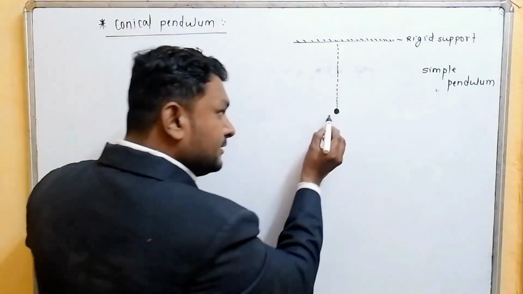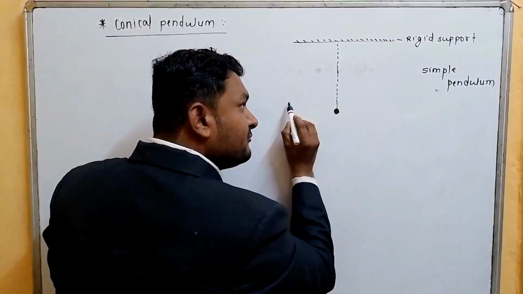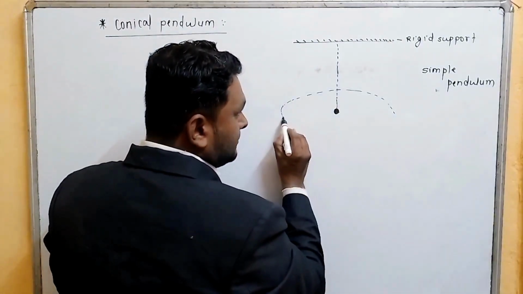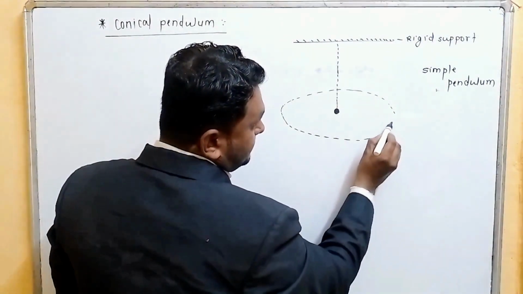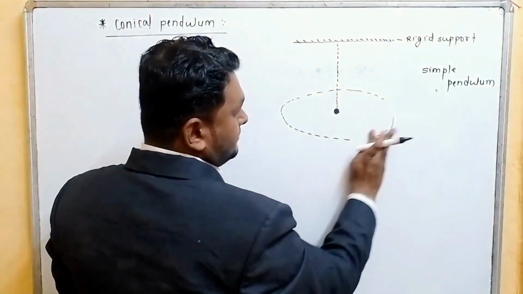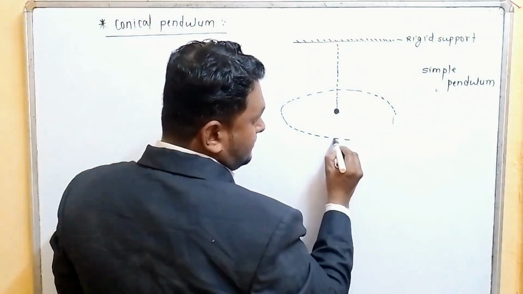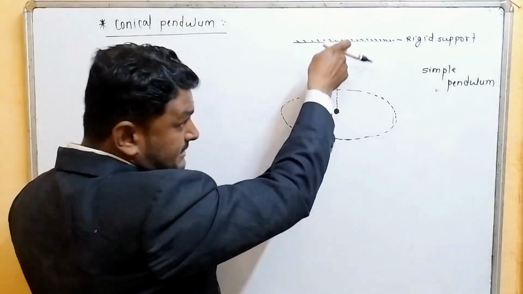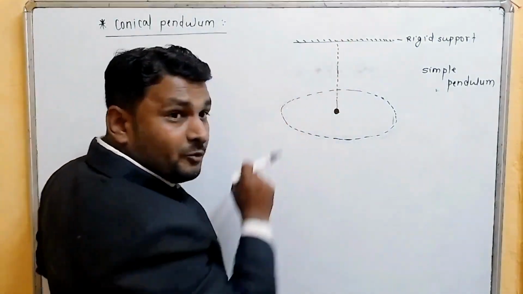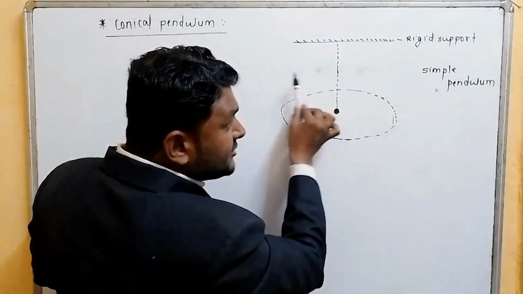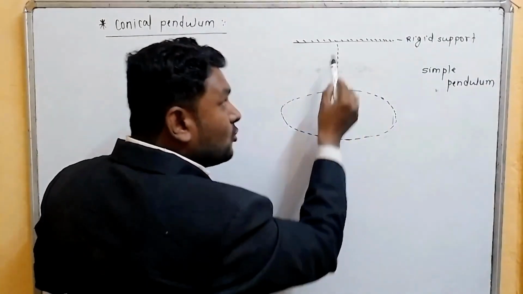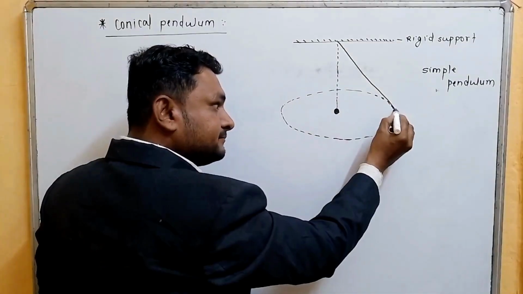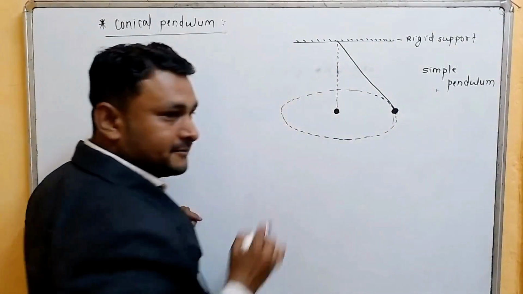It means that this bob will perform horizontal circular motion like this. It means that this string is revolving along the surface of a right circular cone. You can consider this is the string and bob is present over here.